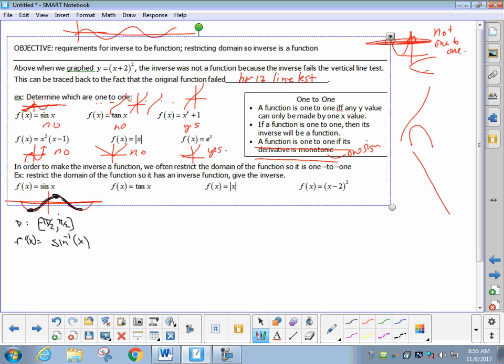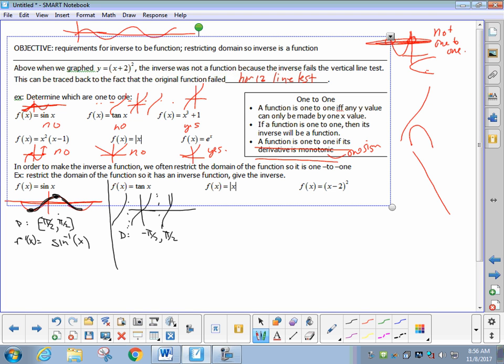The inverse is just the inverse. Cool? So tangent. This normally looks like this, and so on. So what would be a logical restriction to this? Again, trying to stay as close to the origin as possible. Negative pi over 2 to pi over 2.